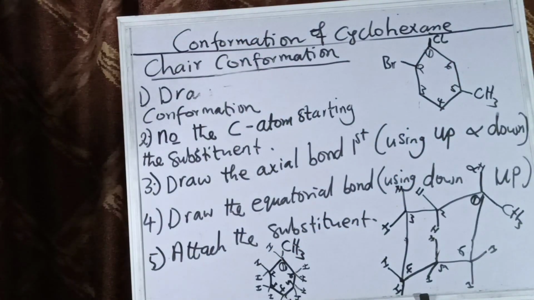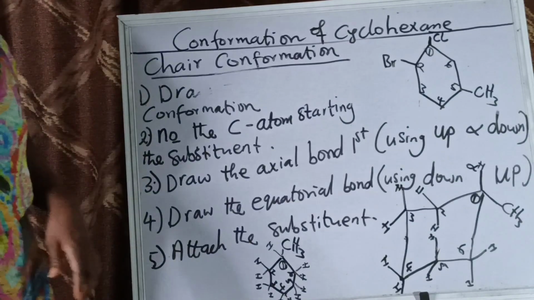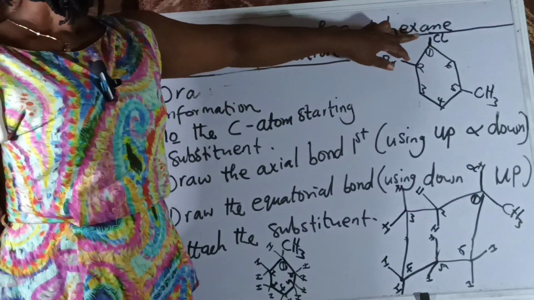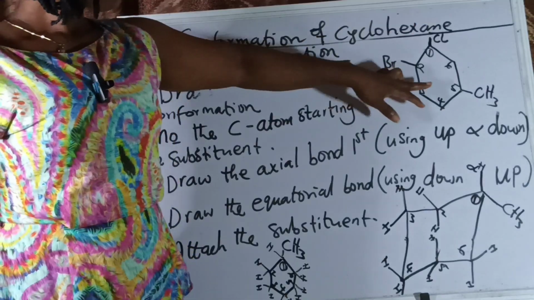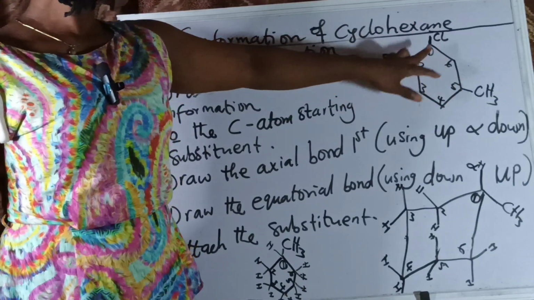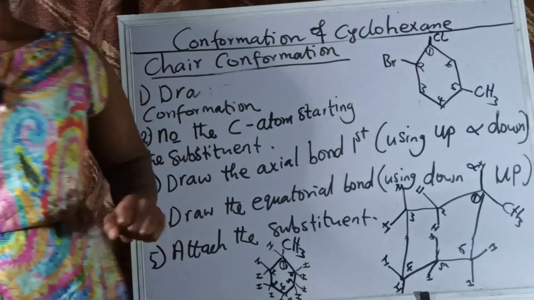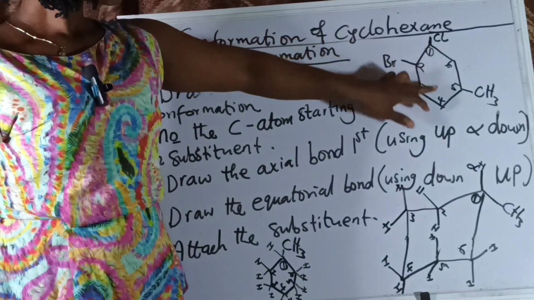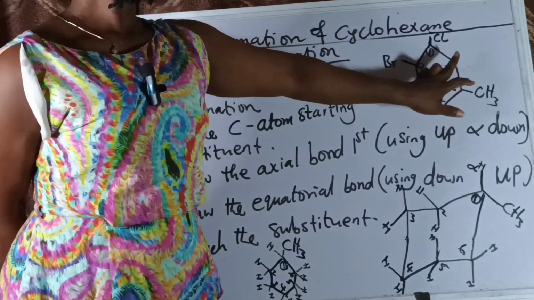So what will be the name? 2-bromo, 1-chloro, 5-methylcyclohexane.